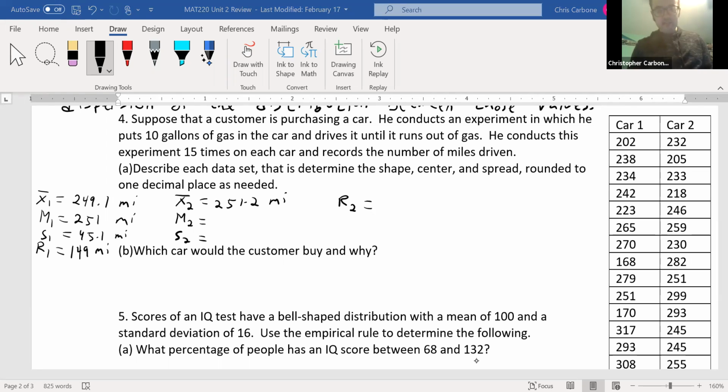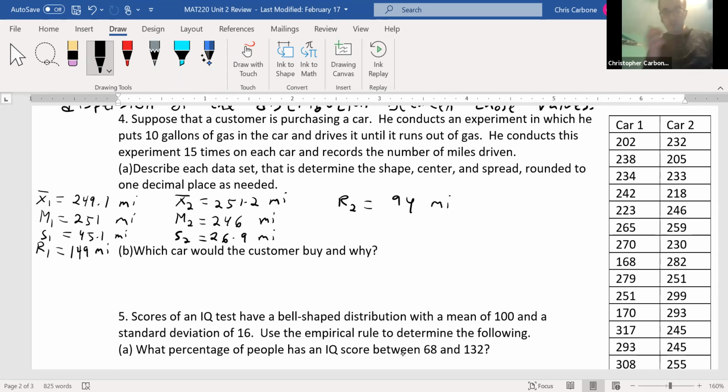We had a median of 246 miles. A sample standard deviation of 26.9. And a range of 94 miles.